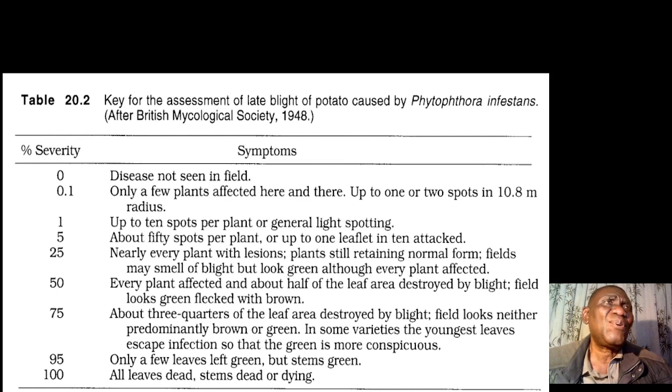Then we also have this other one which was developed by the British Mycological Society for Phytophthora infestans.